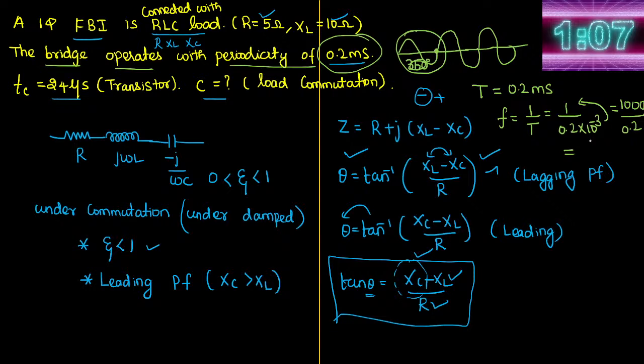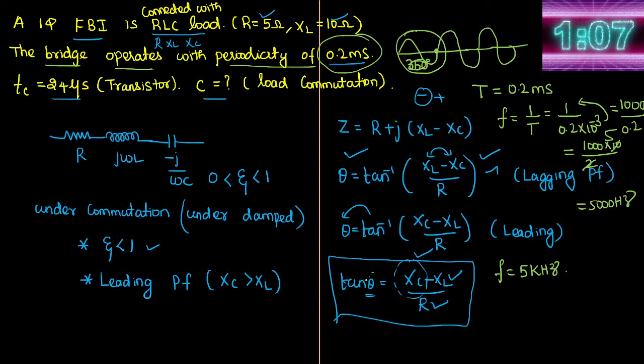I am multiplying the numerator by 10 and the denominator also by 10. 0.2 into 10 will become 2. So 5 times 2 will be 10. So I am getting 5000 hertz, 5 kilohertz frequency. So we found the value of the fundamental frequency, that is 5 kilohertz.